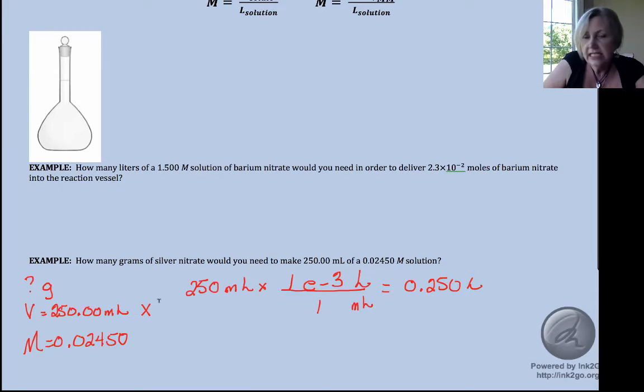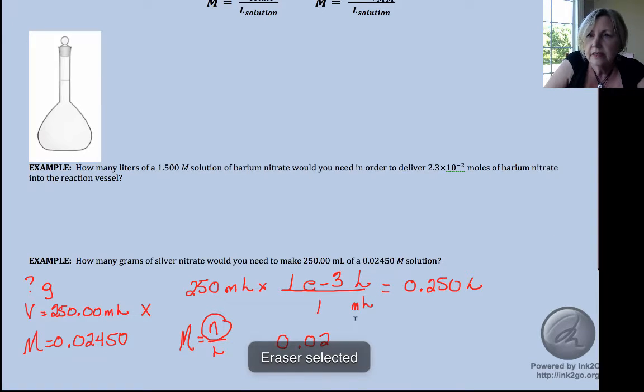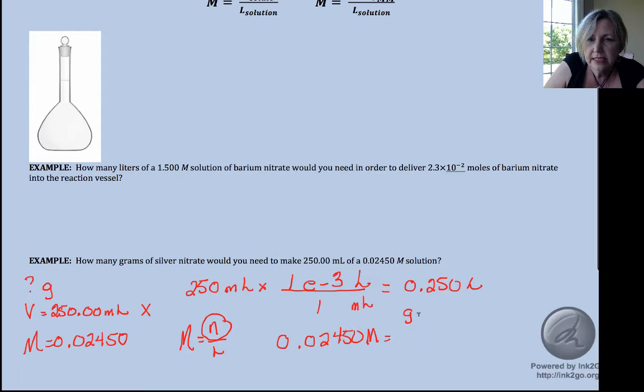Okay, and now I'm going to use my equation. You could certainly use this one, solve for moles, and then convert moles to mass using molar mass. I tend to like to use this big one. Oh, I wrote that down wrong. 0.02450 molar is equal to mass.